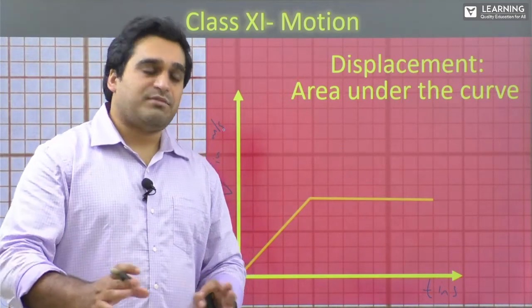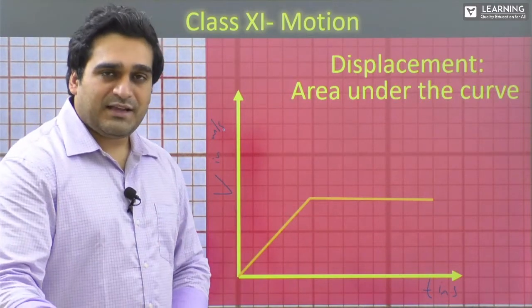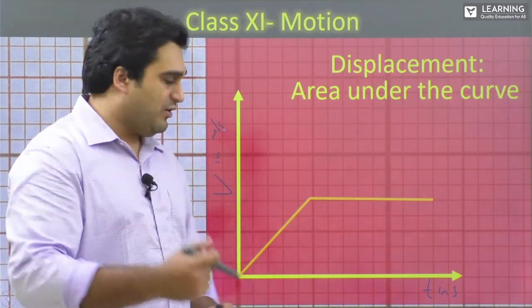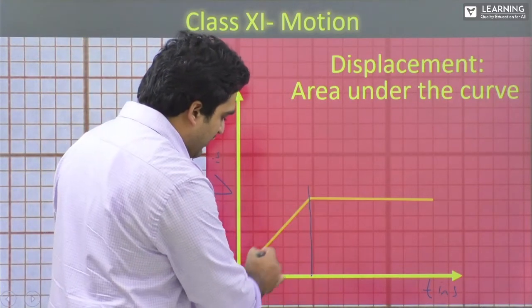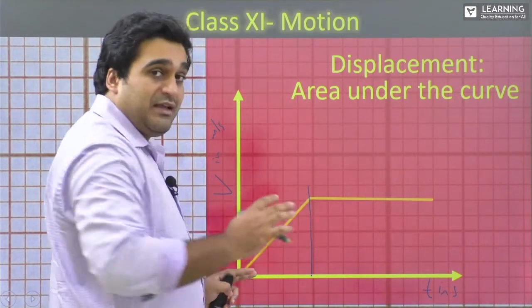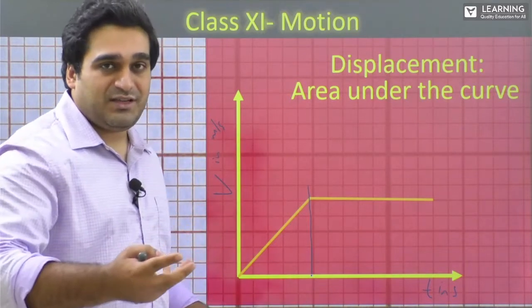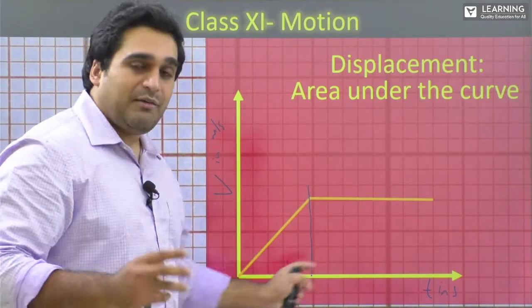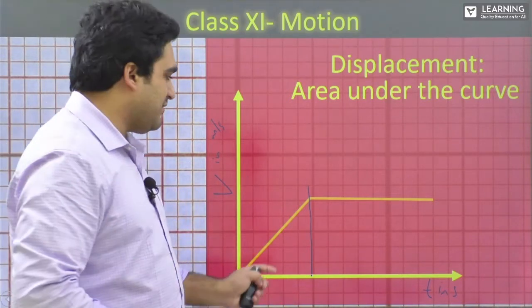So everything up to this point is okay. Can you find acceleration? Certainly, why not? You can find acceleration only up to this point. As you notice, the velocity is increasing. Since the velocity is increasing, there's a change in velocity in a given amount of time, and since there's a change in velocity, there is acceleration.